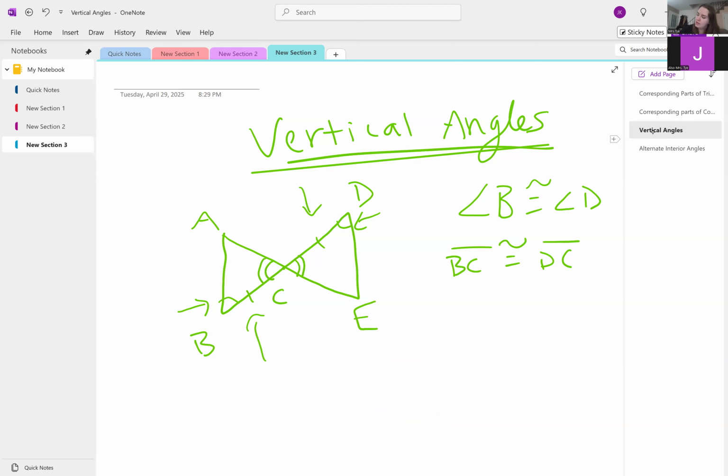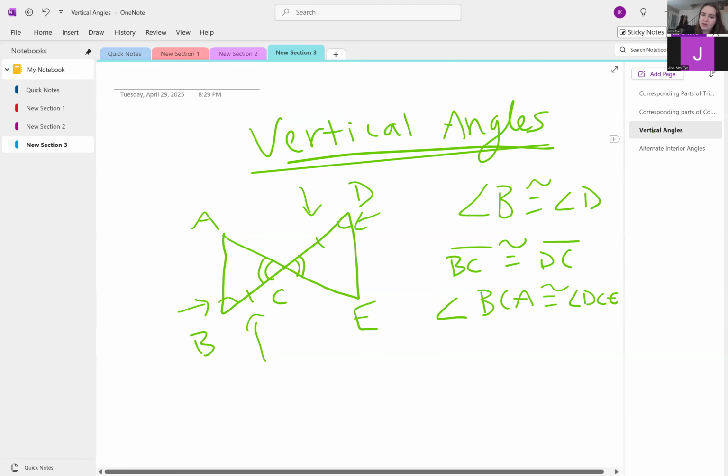So we are going to claim that angle, let's call it BCA, is congruent to angle DCE. And notice I kind of called them two different things here.